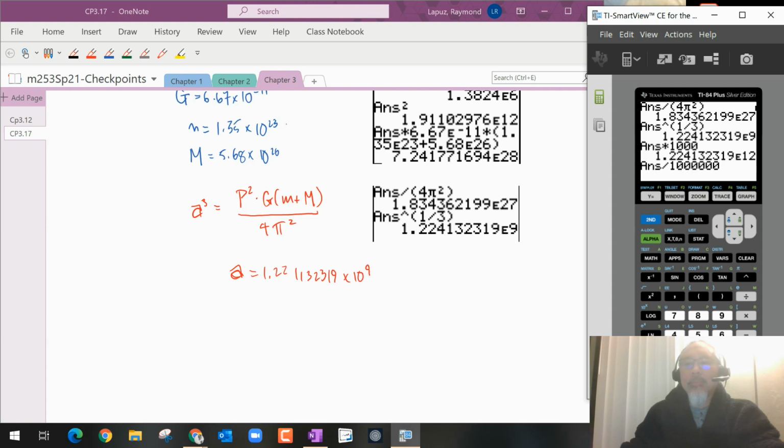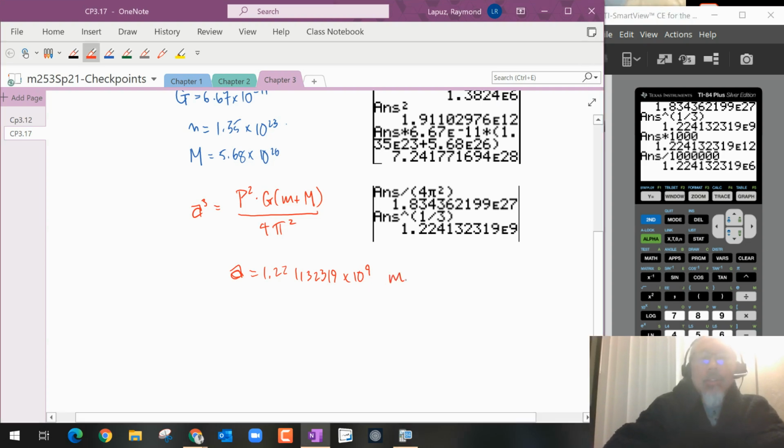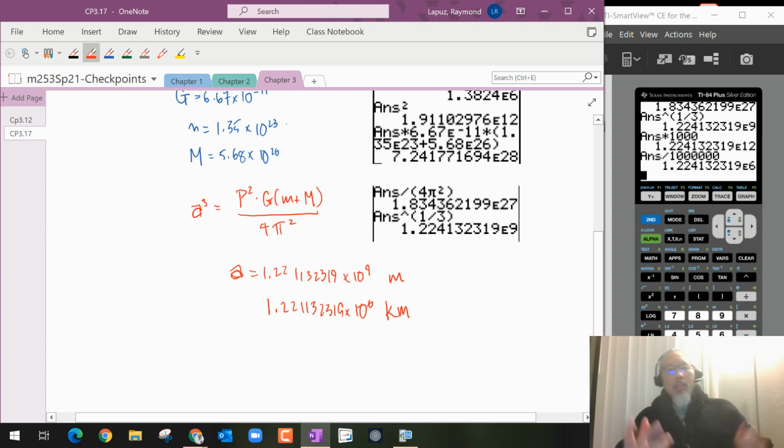There we go. So this is in meters. And of course, if you divide by 1,000, you're going to lose 3 decimal places. So this is 1.224132319 times 10 to the 6, and now we can express this in kilometers. Okay, we're looking at about 1.2 million kilometers. So that should be the answer.